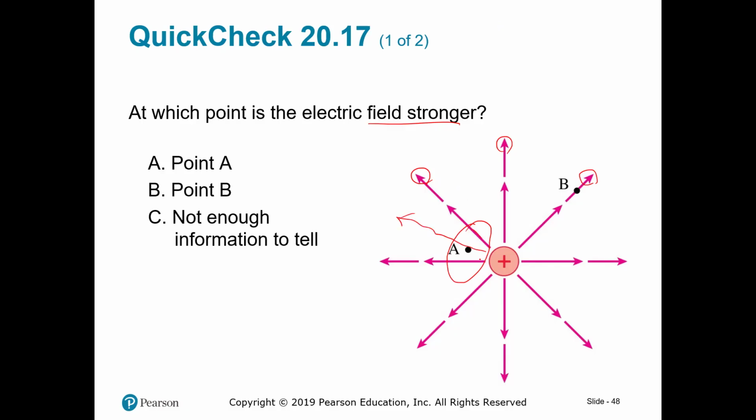If I draw additional lines here, this density is the strength of the electric field in that area. But if you draw the same size circle elsewhere, you will see there's only one field line. Maybe you have another line here, but the density here is lower than the density there. So you can say point A has a stronger electric field.